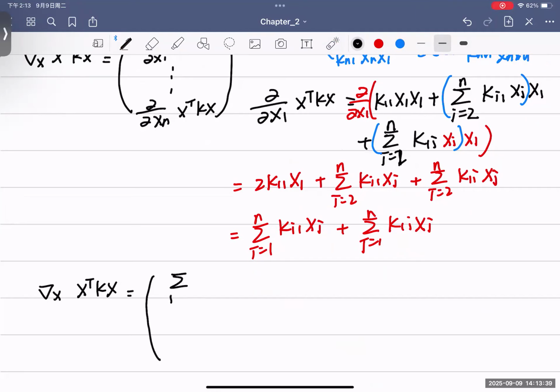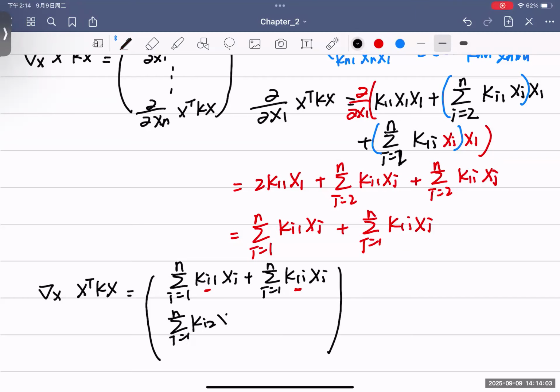I just copy this one directly. And the second element is just to change this 1 to the 2. And so on and so forth.